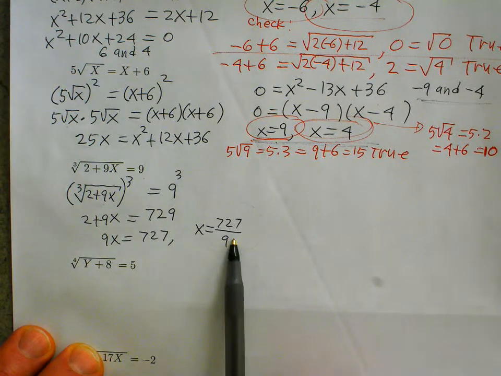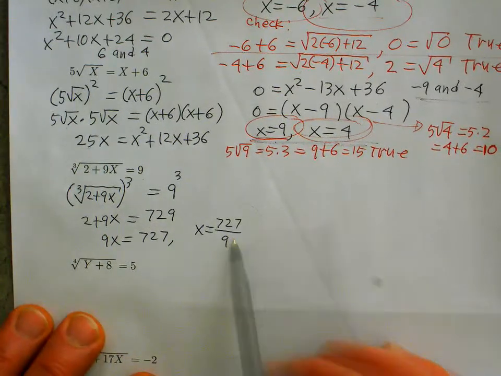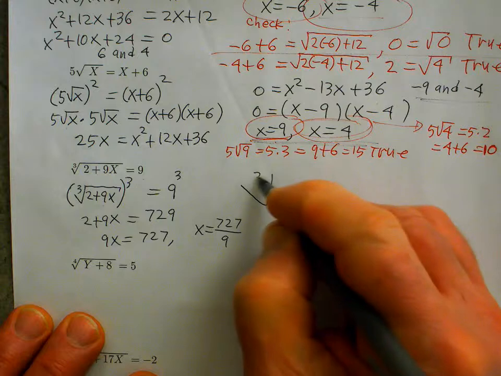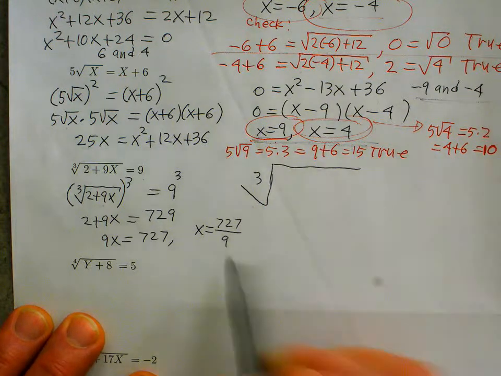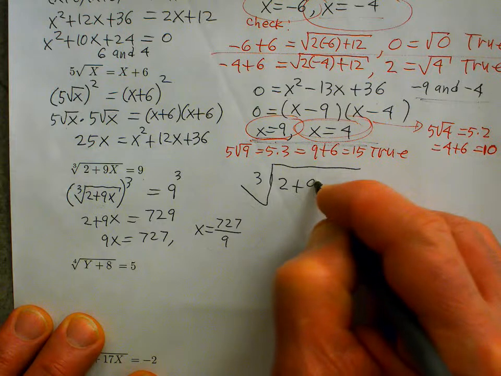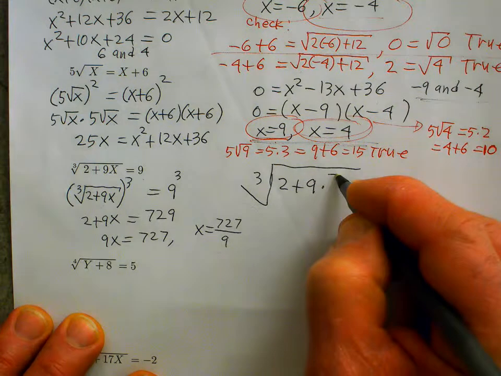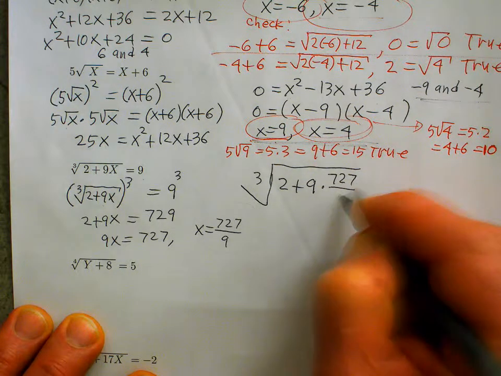So this one's easier to check than you might imagine. If we just replace x with 727 over 9, we have 2 plus 9 times 727 over 9.